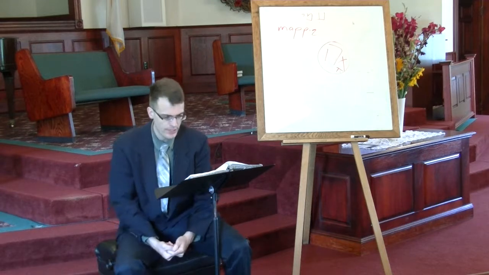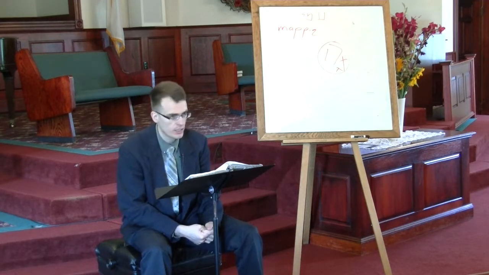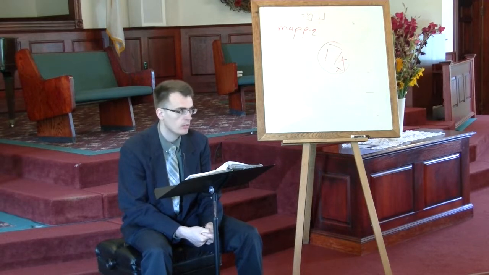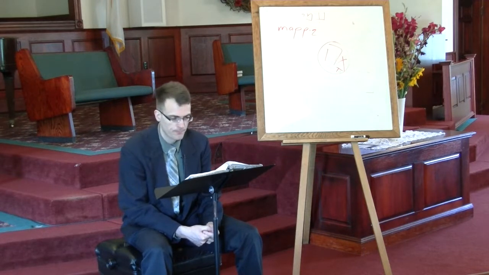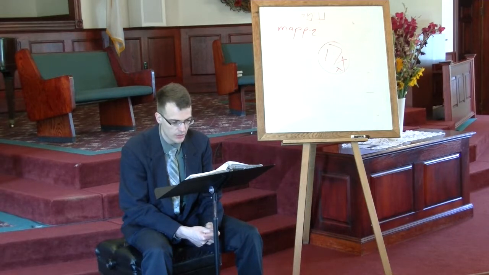The use of two adjectives, one modifying each noun, is avoided. So you don't have two different adjectives at the end of a construct chain where one modifies one word and the other modifies the other word. But you can have two adjectives modifying one of the words in the chain. So here, like divrei hamelech, that's your construct chain, the words of the king. And then you have hatov wa hayashar, the good and the just.